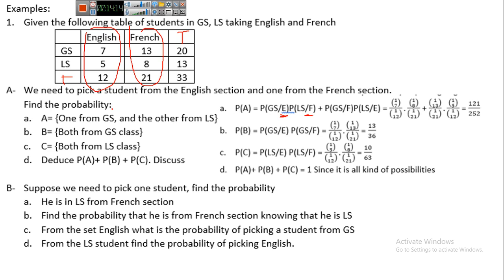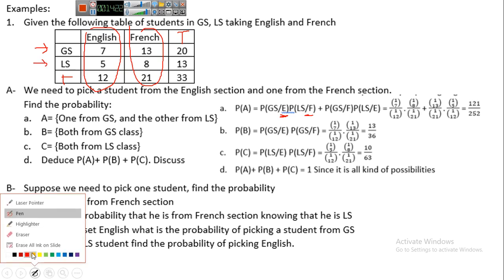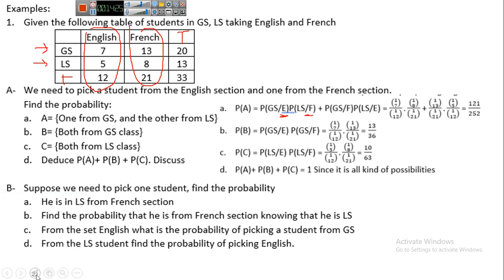Find the probability of picking one from GS and one from LS. So here, guys, listen. If I want to solve this problem, I want to pick one from the English section, one from the French, such that one will be GS, one will be LS.